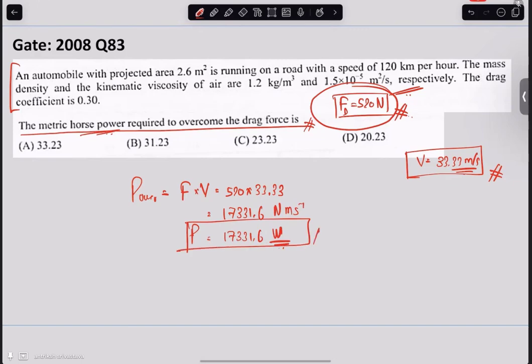But they are asking the power in horsepower. So we need to know the conversion unit for watt to horsepower. So how much watt is 1 horsepower?